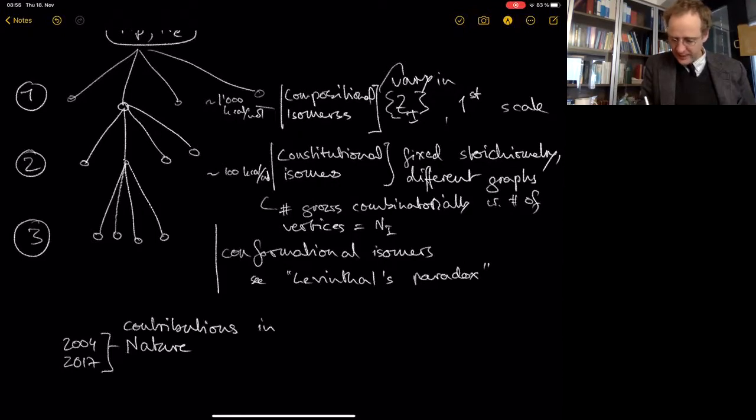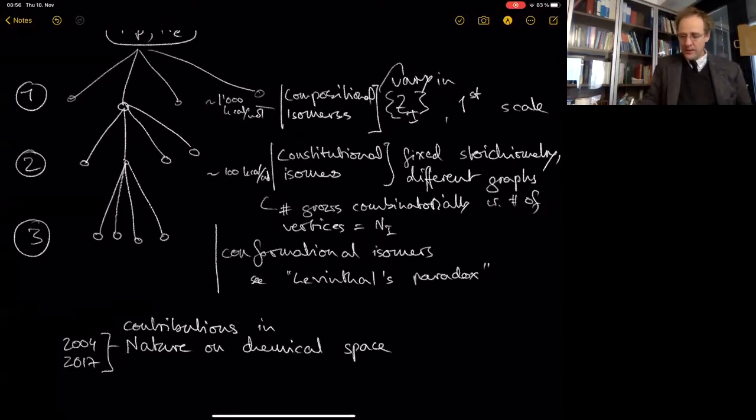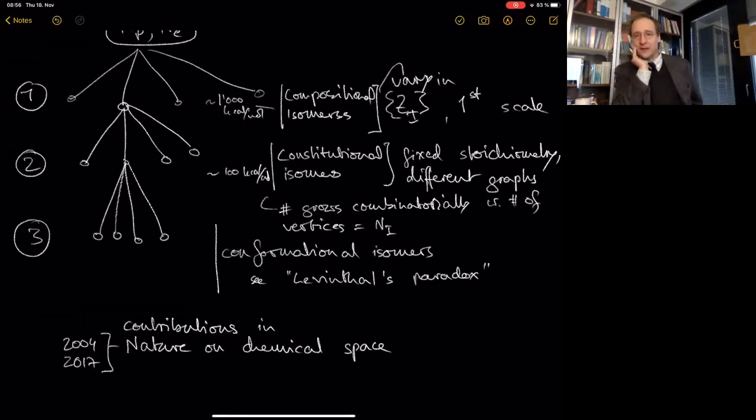Contributions in Nature on chemical space. Now, a chemist typically or often refers to a compound by ignoring the third level, right?